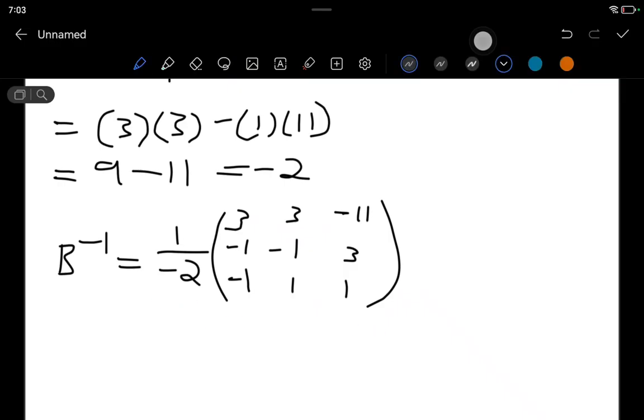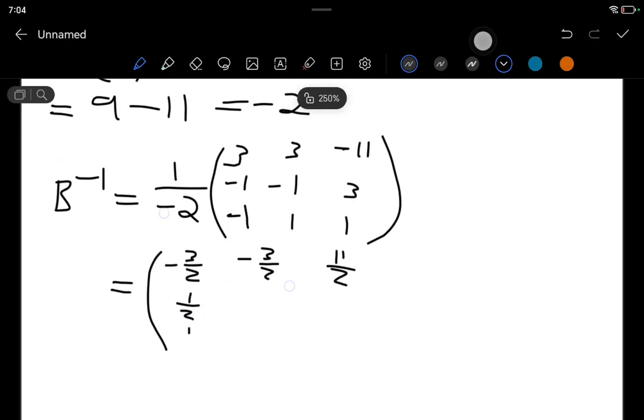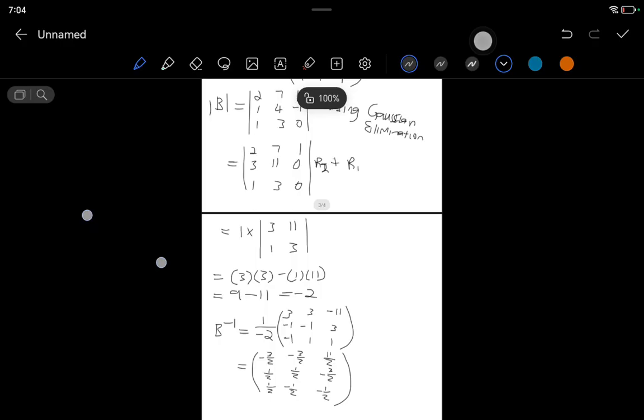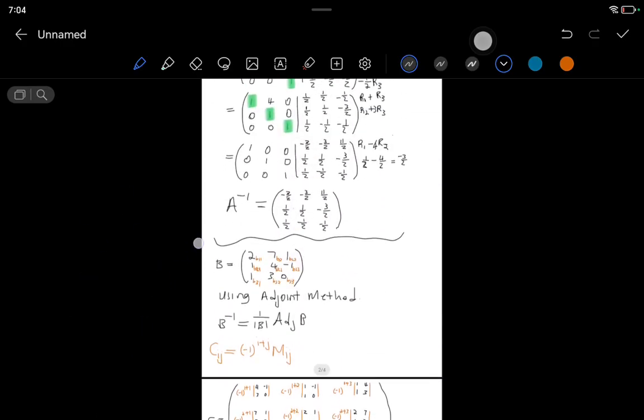And this will be the inverse, minus 3 over 2, minus 3 over 2, 11 over 2, 1 over 2, 1 over 2, minus 1 over 2, 1 over 2, minus 3 over 2, minus 1 over 2. If we check, these are the same, right, as the other inverse we got here.